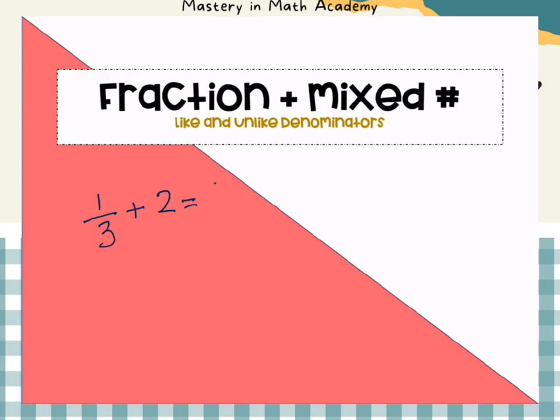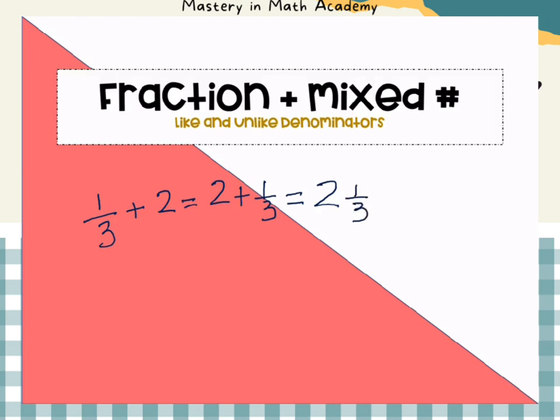So 2 plus 1/3 is the same thing as 2 and 1/3.